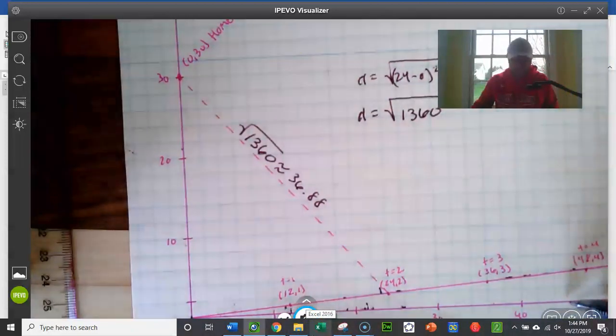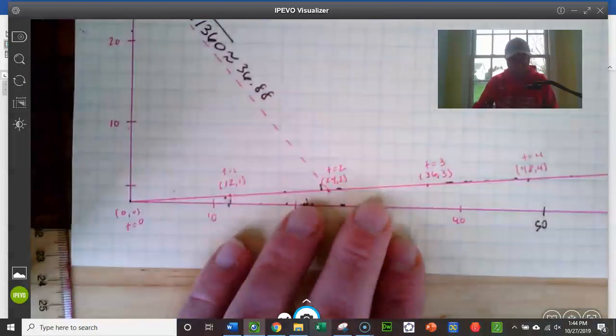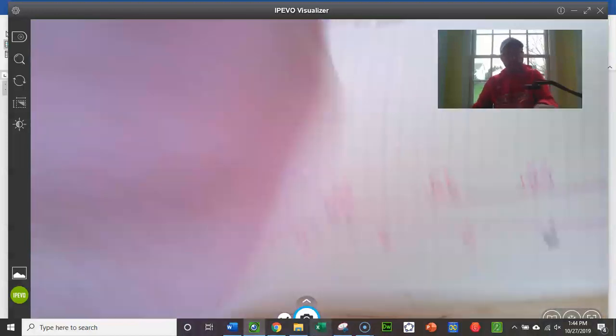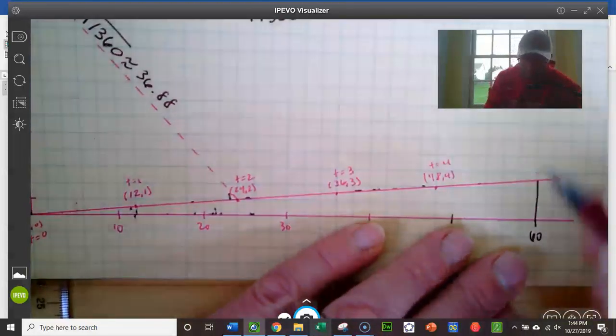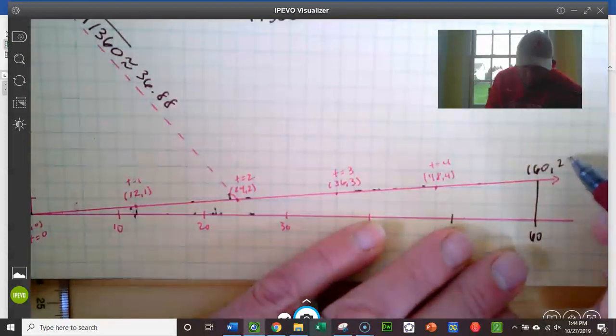And 1, 2, 3, 4, 5. 2, 4, okay. The point at which we are 65 miles from his home is here at 60, comma, 20, oh wait, 2, 4, 6, 5. Yeah, there we go.